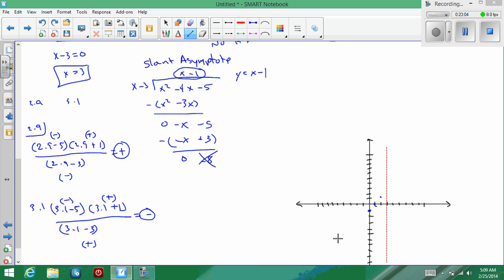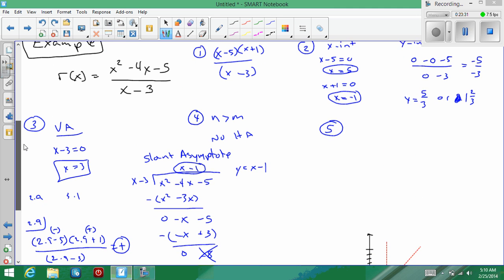I'm going to do my best here to get through those points. All right, so there is my slant asymptote. Okay, now I have points.